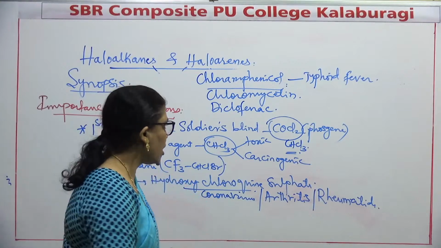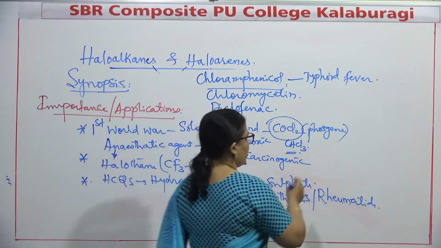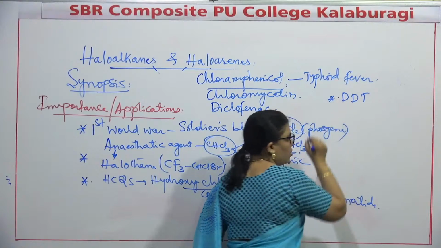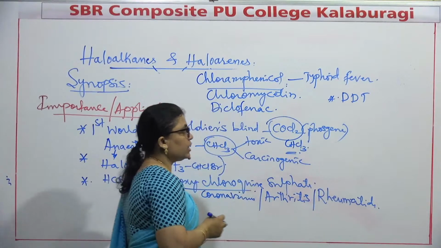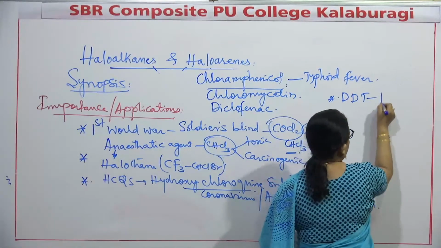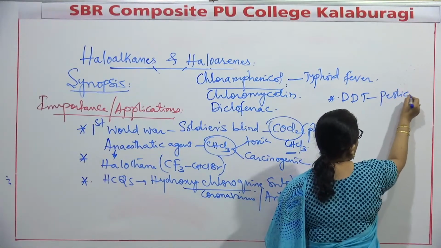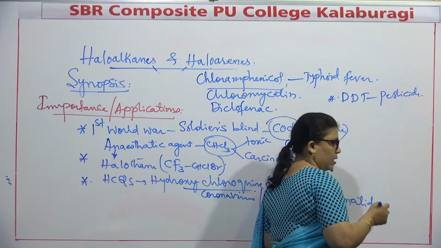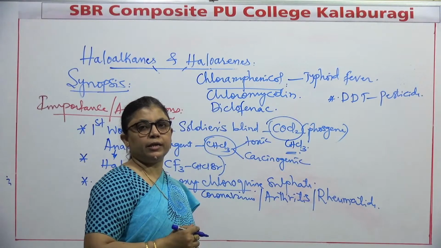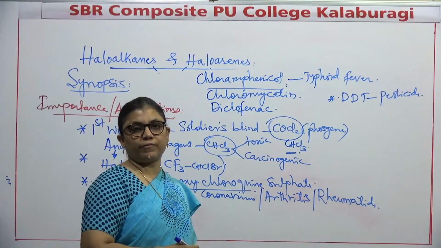You might have heard about DDT, dichlorodiphenyltrichloroethane. It is used as a pesticide, but long-term usage of DDT has hazardous effects.